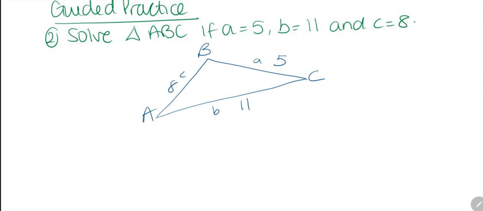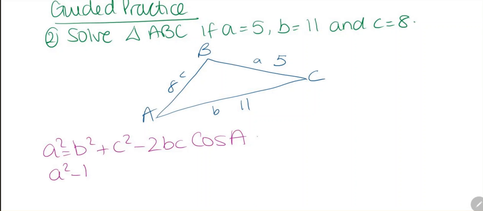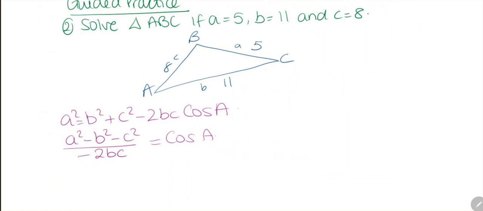So I'm going to use the formula. So a squared is equal to b squared plus c squared minus 2bc multiplied by cos A. And we're going to rearrange the formula. So a squared minus b squared minus c squared, divided by 2bc, is equal to cos A. So now I'm going to substitute in my values.